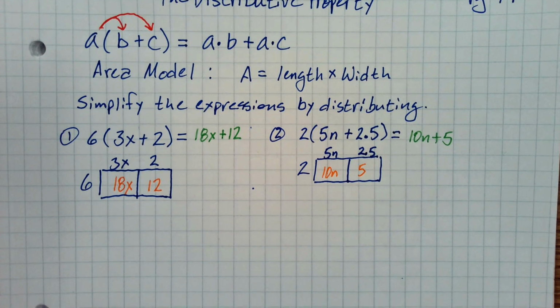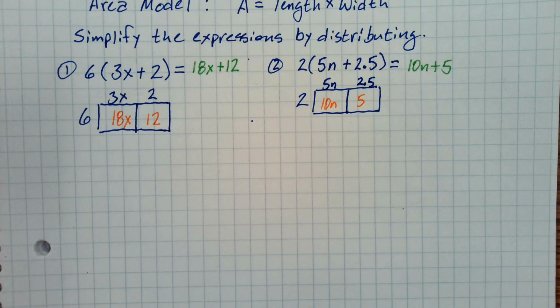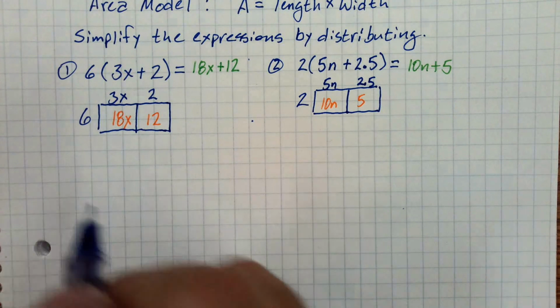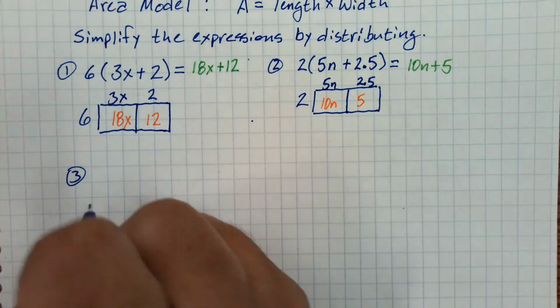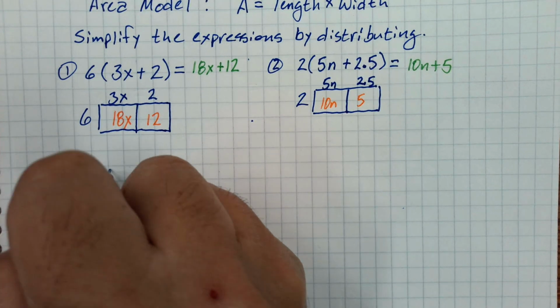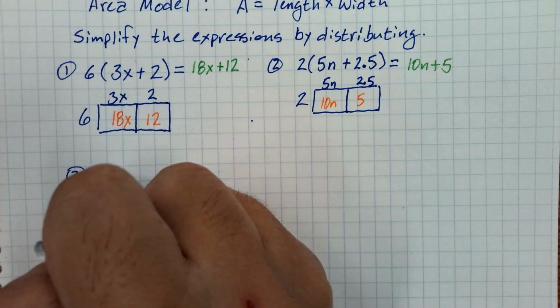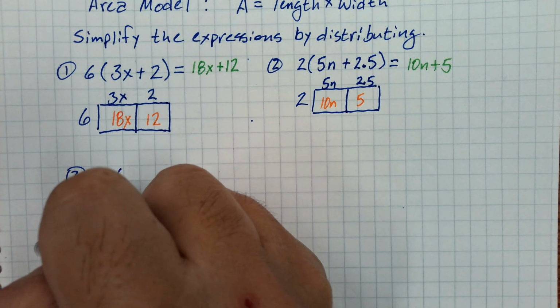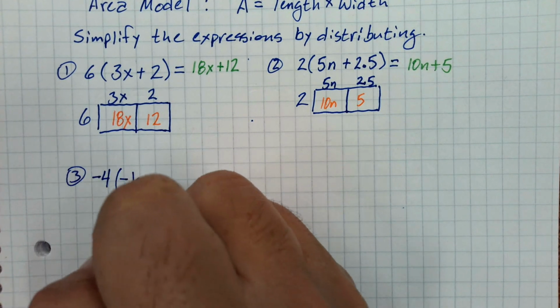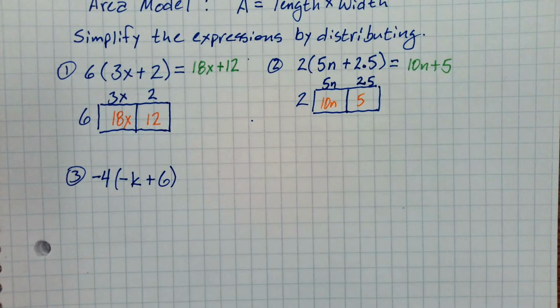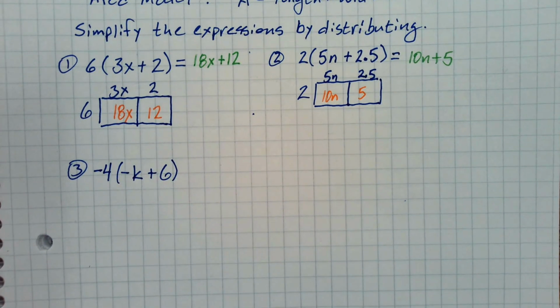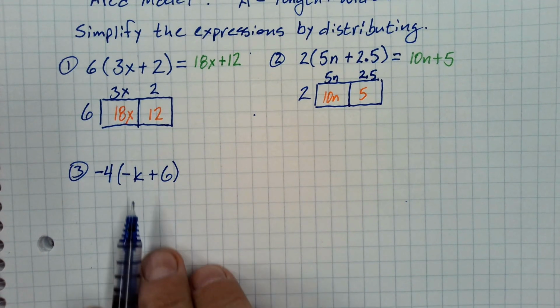Okay. Let's try a few more. What are we up to? 3? Negative 4. I think we're ready for some negatives. We're going to multiply that times negative k plus 6. Okay, so we have to be a little more careful here because we do have negatives.